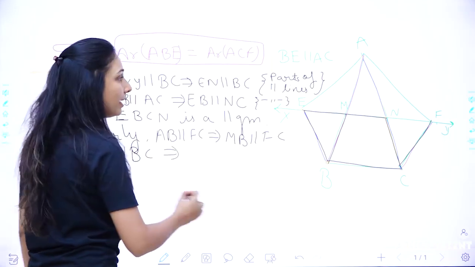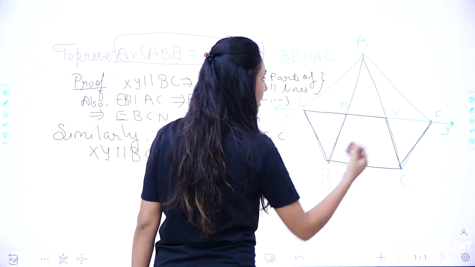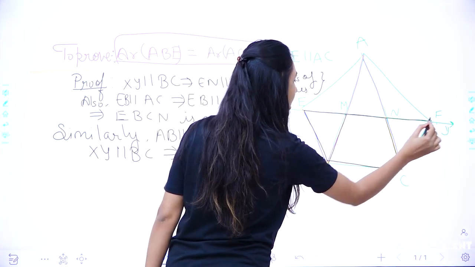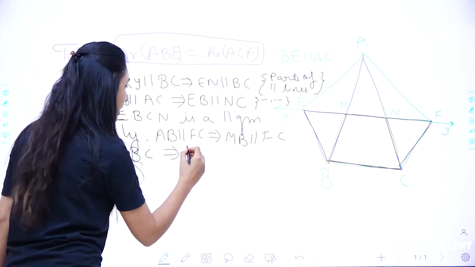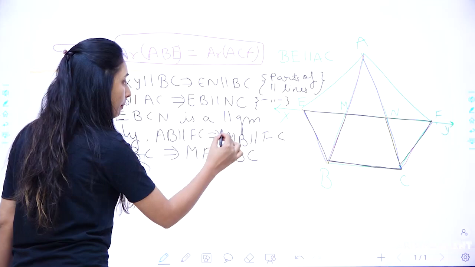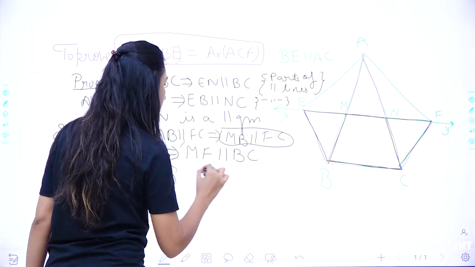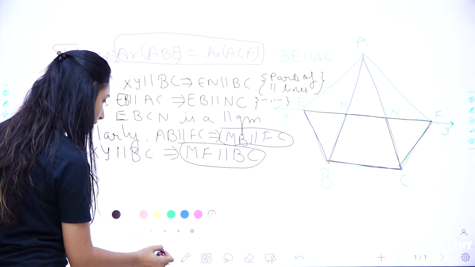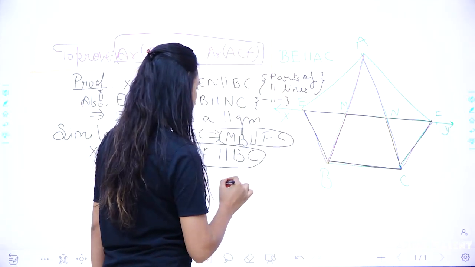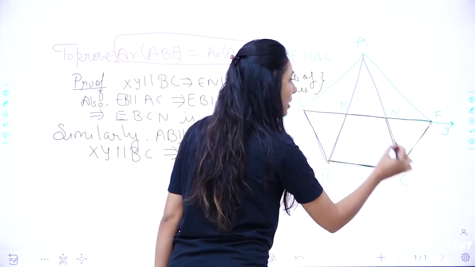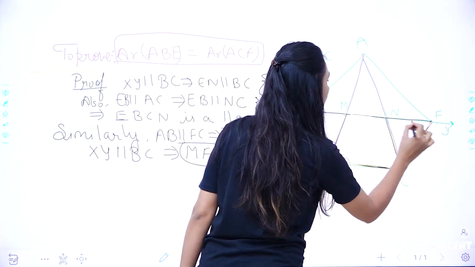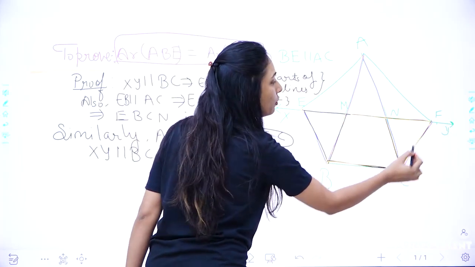This will again imply that MF and BC are parallel to each other. By these two things, MB and FC are parallel to each other, then BC and MF are parallel to each other. That means this is going to be a parallelogram.